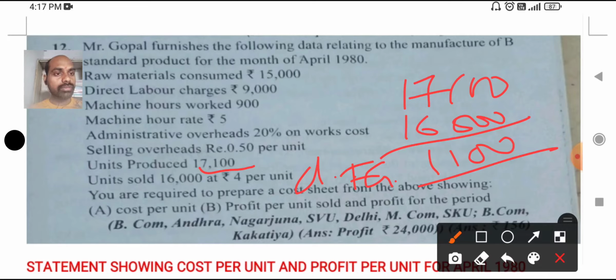These closing finished goods will be valued at cost of production. What will be the cost of production?